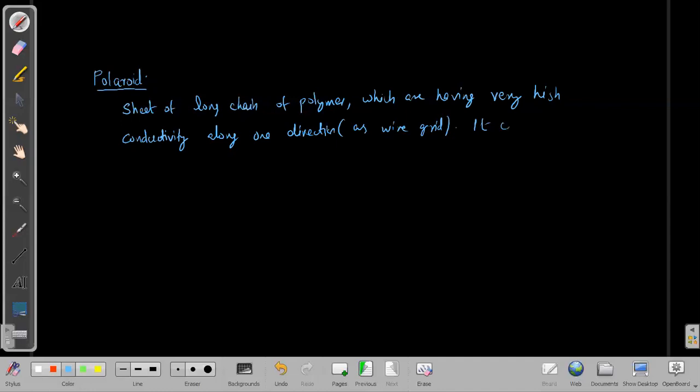Therefore, it can act as a polarizer of electromagnetic waves. Suppose I have an unpolarized electromagnetic wave, and you keep a polarizer here.